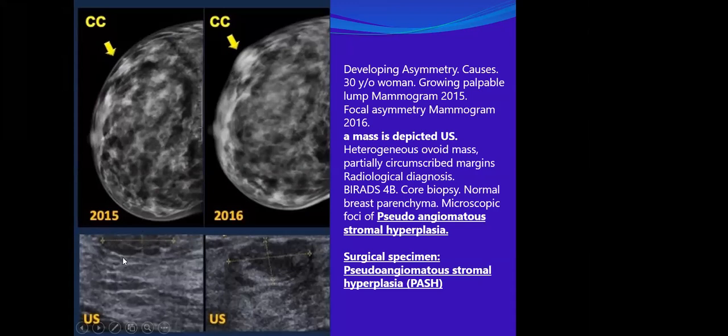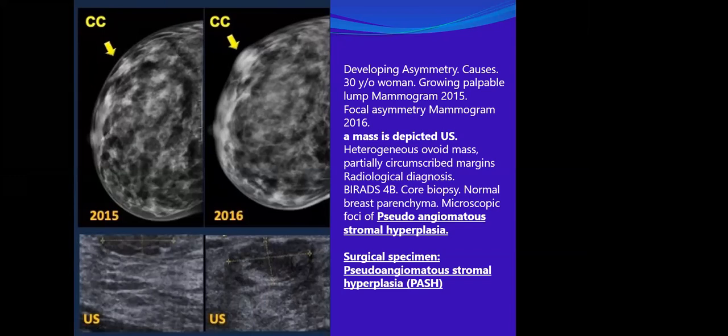And this here on ultrasound, both the previous ultrasound and the increasing lesion in the follow-up ultrasound, and the core biopsy reported as BIRADS 4B.